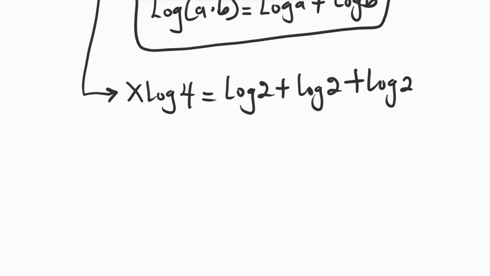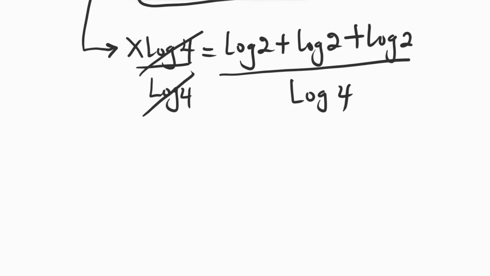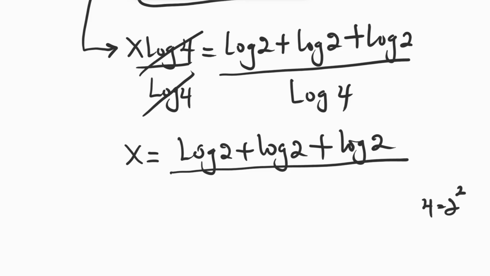So now to find x, we just divide both sides by log 4. Log 4's cancel out on the left hand side, and so we have that x is equal to log 2 plus log 2 plus log 2 all divided by log 4. 4 is the same thing as 2 raised to the power 2. So then what we have here now becomes log of 2 raised to the power 2.